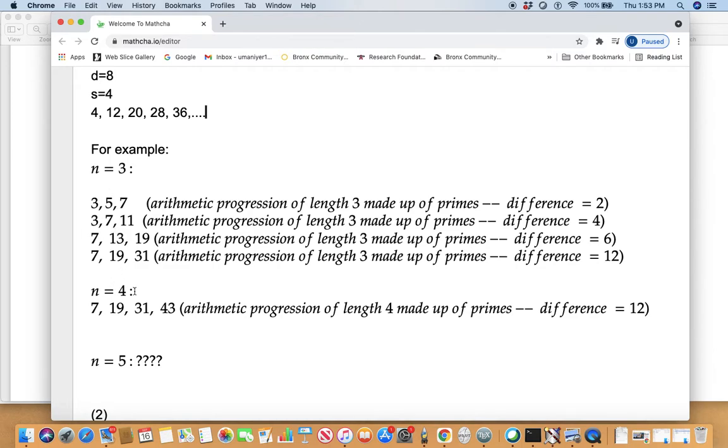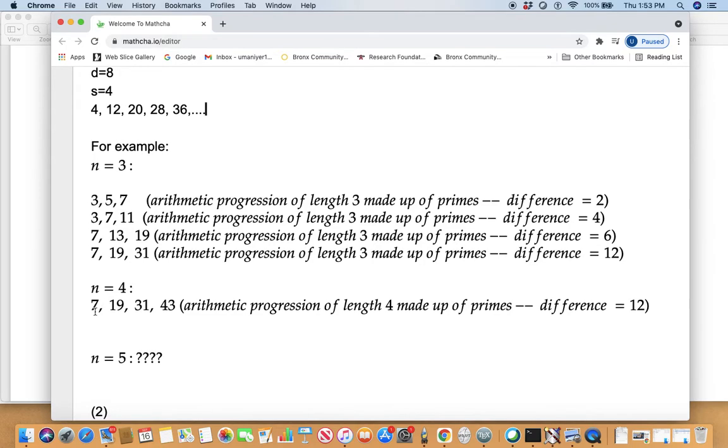For n equals 4, 7 plus 12 is 19. 19 plus 12 is 31. 31 plus 12 is 43. This is it. If I add 12 more, I get 55, which is not prime. So for n equals 4, I was able to come up with only one sequence of length 4.